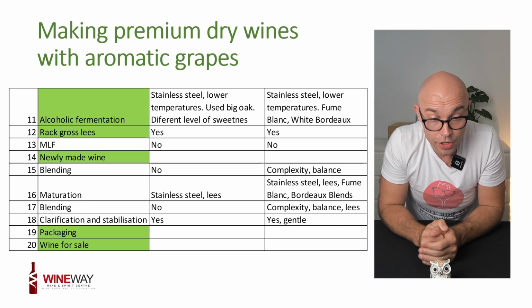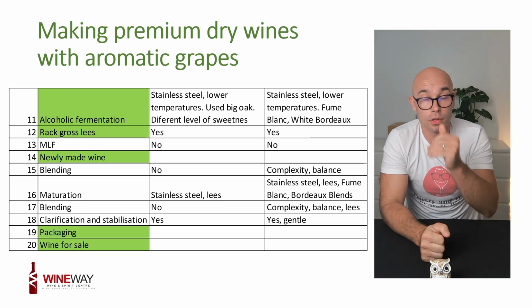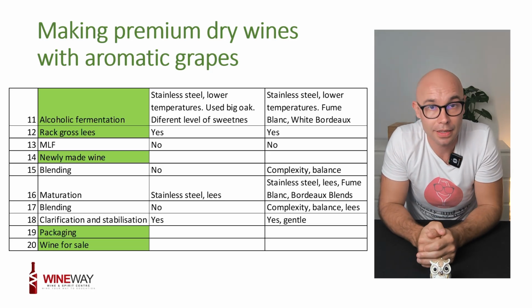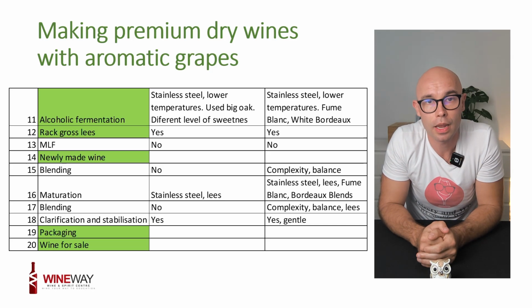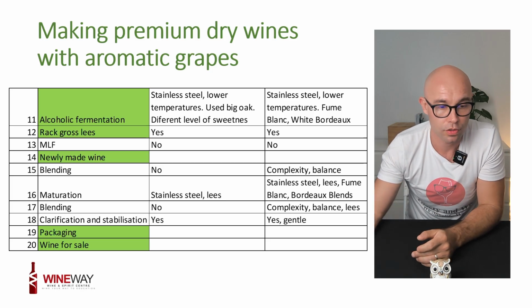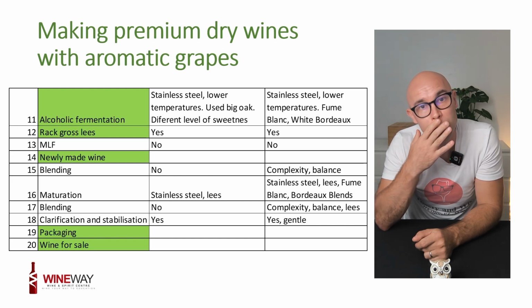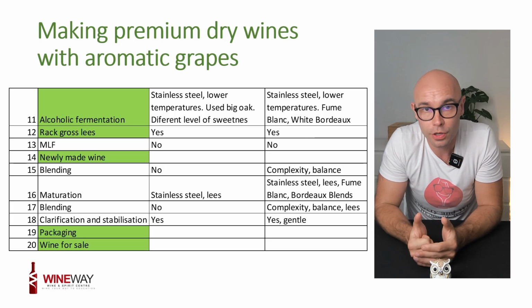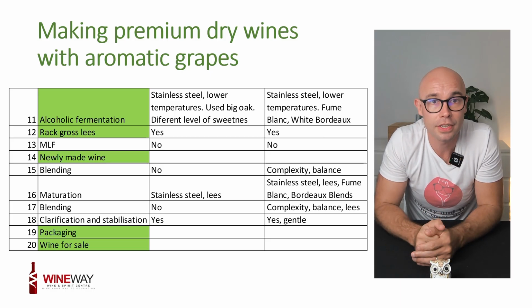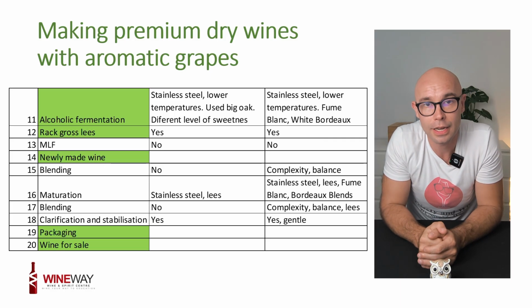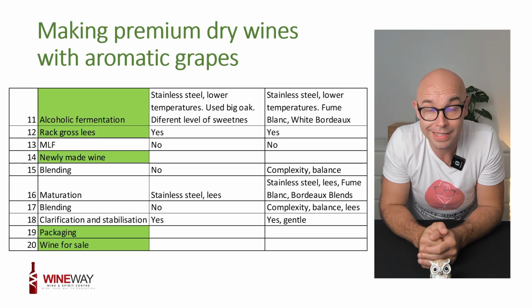Clarification and stabilization, yes. And then premium wines are always going to be packaged in glass. Can be under screw cap, can be with natural cork. Aromatic grape varieties usually do not benefit from long-term aging, but of course there's a big difference here between Sauvignon Blanc and Riesling.